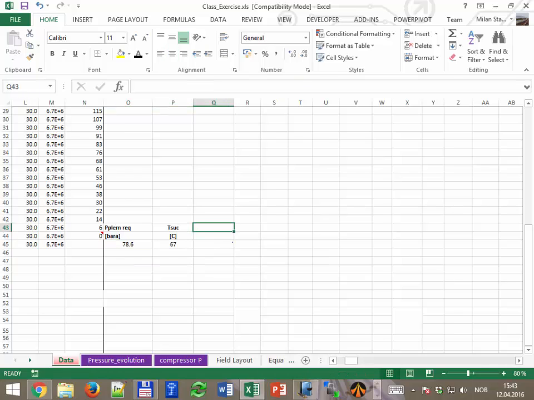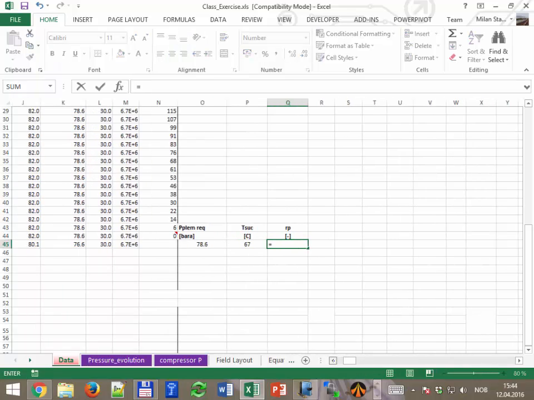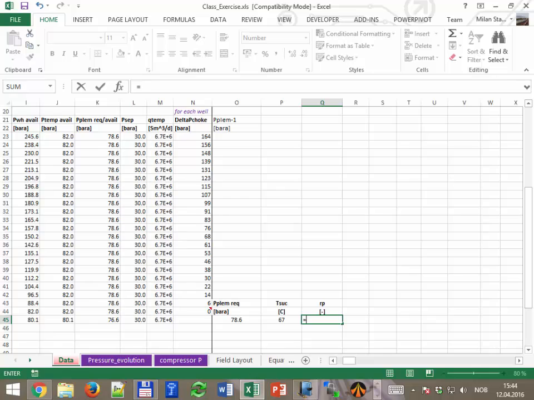Then one thing that was useful was the compression ratio, Rp. And Rp doesn't have any units actually. Rp is going to be equal to the pressure at the suction divided by the pressure at the discharge.